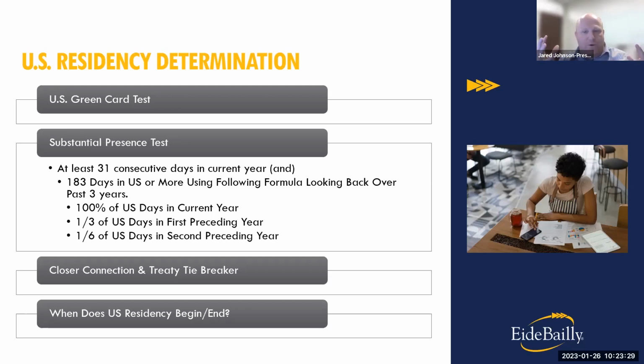It's kind of a tricky rule, but you can slide that start date after this 10 days or a portion of those 10 days, depending on your facts and circumstances. And generally, your residency ends on the day that you depart the US. But you can make an election to be treated as a full resident for the entire year.